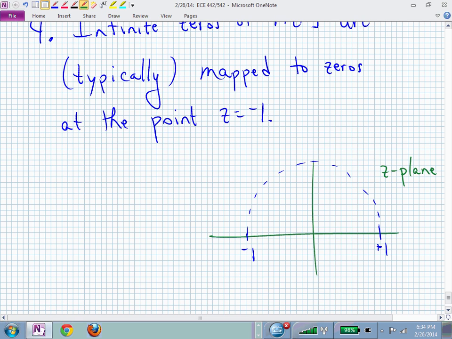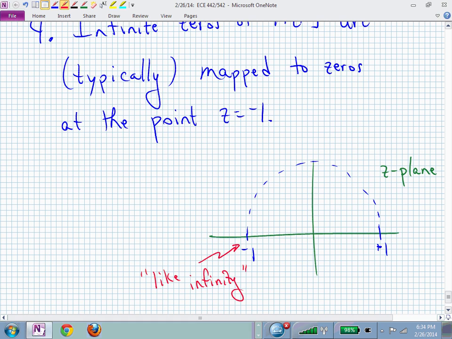And the highest frequency that we can get to is right there at minus 1. So z equal to minus 1 is what we're associating to be our point at infinity in this discrete equivalent approach. That's like infinity. So if we went to infinity and beyond, it's not very far in the z-plane, is it? It's minus 1.